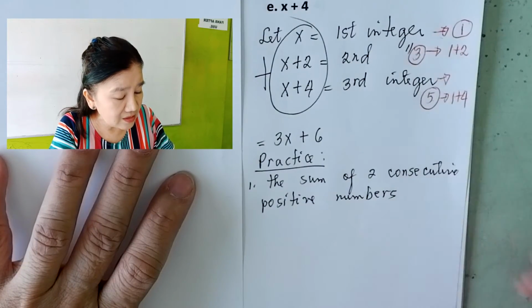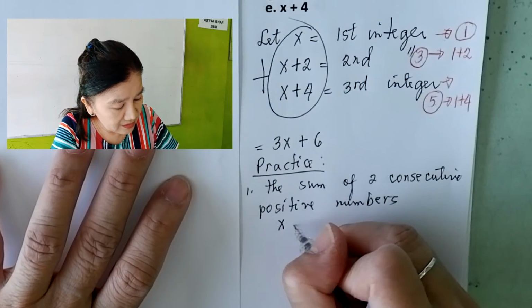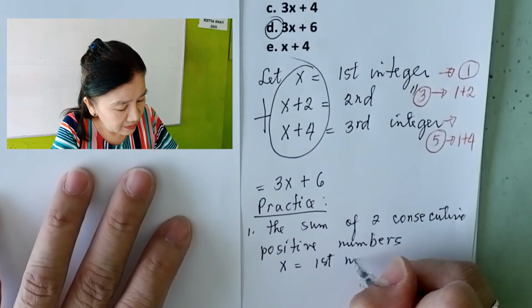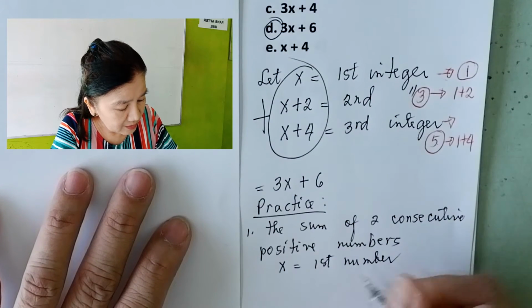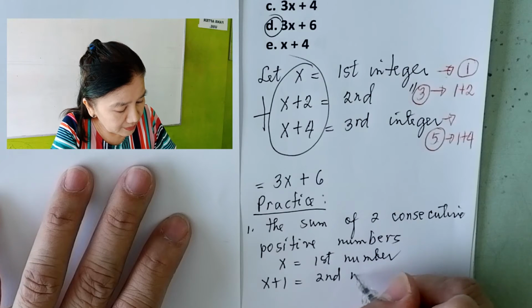If this is the case, there's no word odd. So you simply let x be the first number, and then you let x plus 1 be the second number.